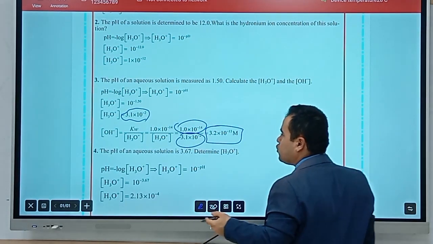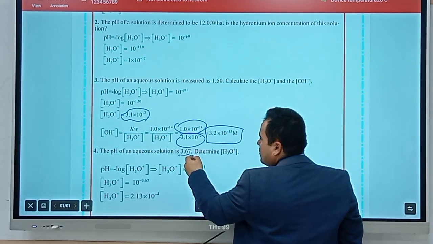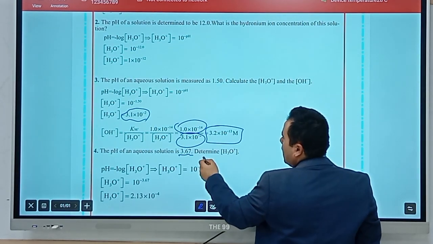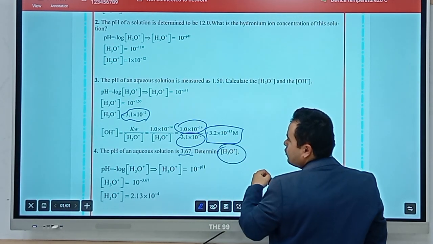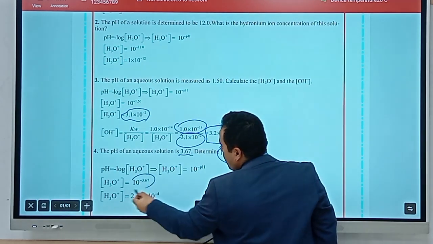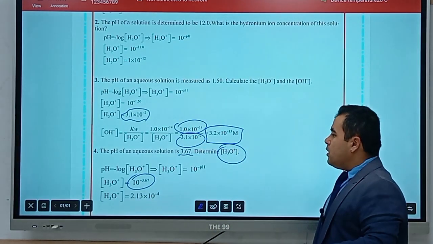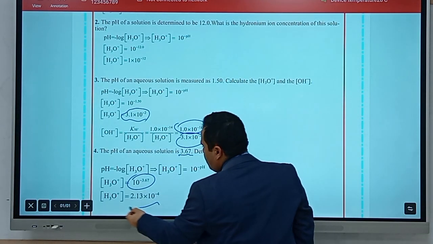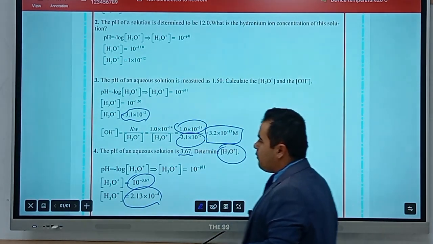The pH of an aqueous solution, the practice for, is 3.67. Determine the hydronium of the solution. 10 to the power minus 3.67, you'll get a value of 2.13 × 10 to the power minus 4.